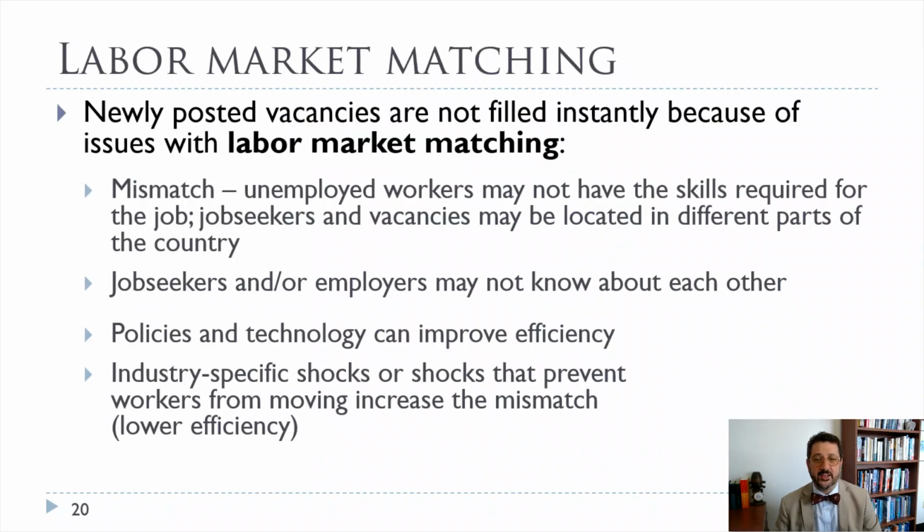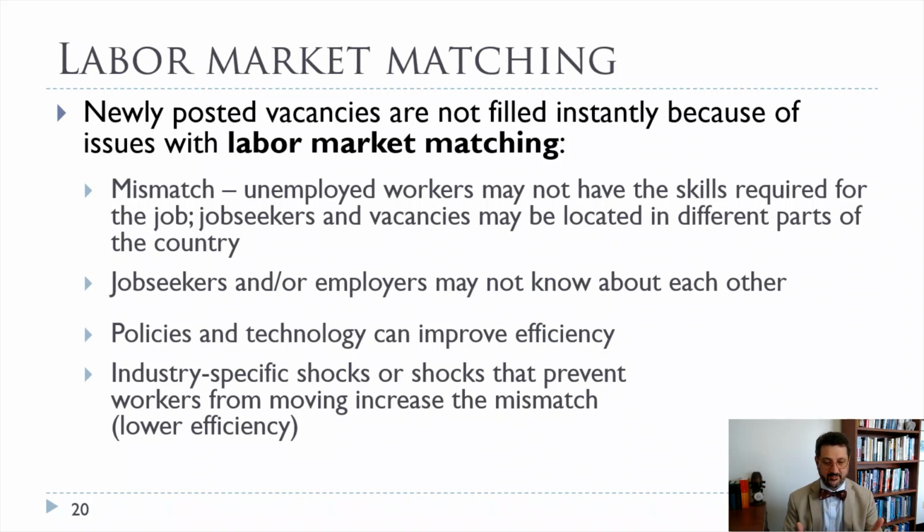Now one of the things that's important to note in the labor market is that it takes a long time to clear. It takes a long time for workers to find employers and employers to find workers. We might not have a good match between the unemployed workers and what firms are hiring for, either because of the skills required or because of the location.